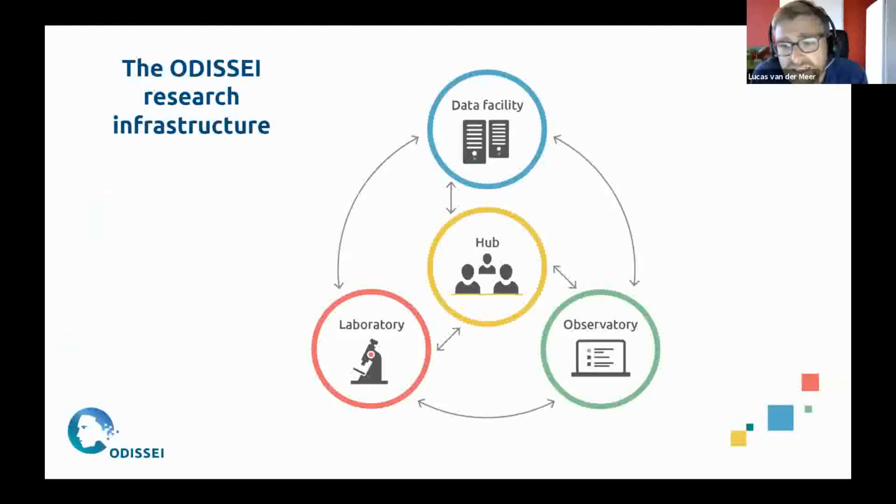In red is the laboratory, where we stimulate innovations in fieldwork, for instance using wearables rather than surveys. The data facility we'll be discussing today. And in the middle is the hub in yellow, because after all, we're dealing with people. We're not just dealing with technology, and we need people to integrate all the components.